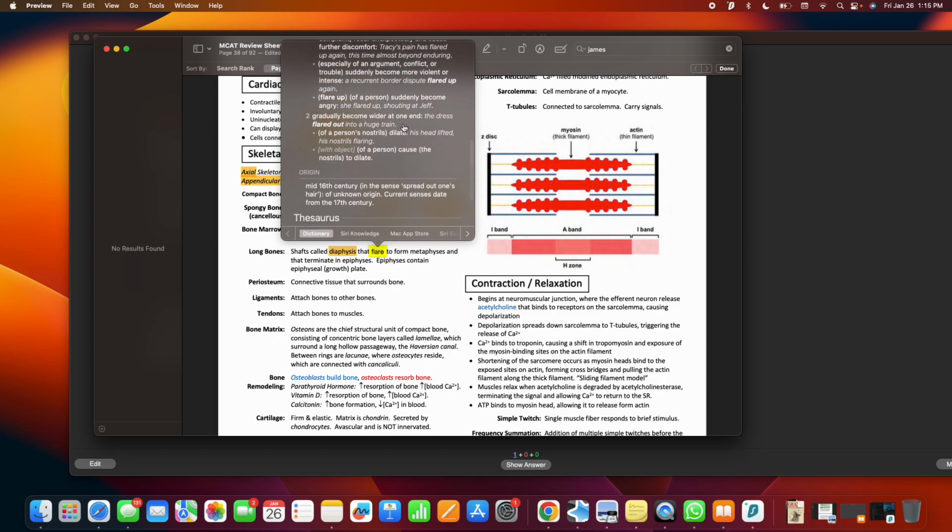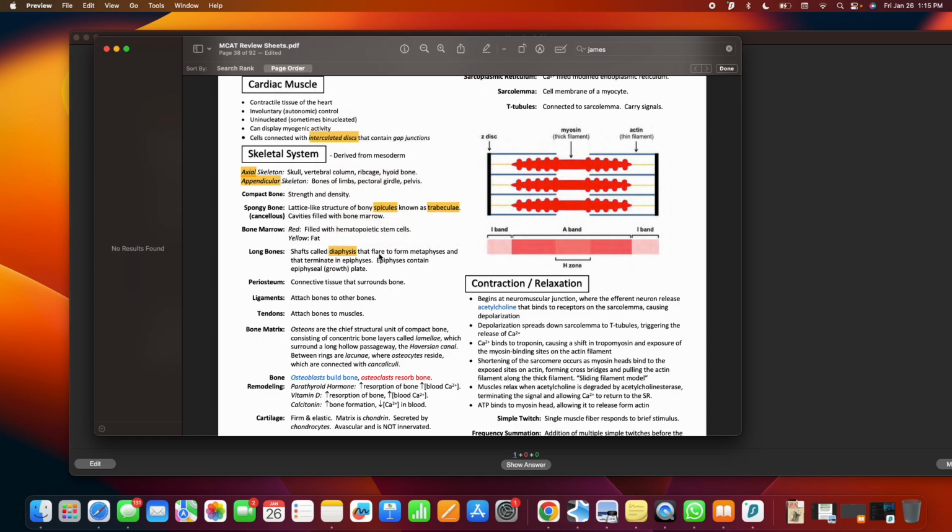Become wider at one end, gradually become wider at one end. The dress flared out into a huge train. His head lifted, his nostrils flaring. That's interesting. Flare also means widening, gradually widening out on one end.